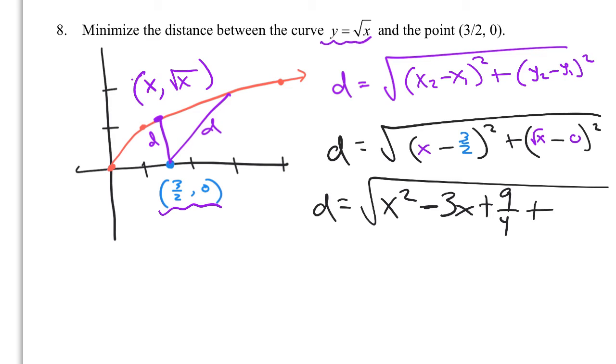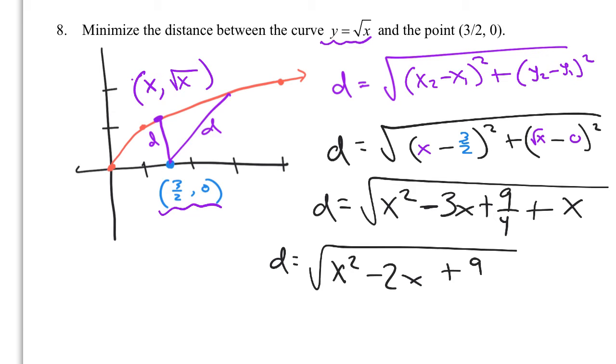And then plus square root of x squared is just x. So we get distance equals square root of x squared minus 2x plus 9/4. And that's what I'm going to be minimizing. That's my distance formula, and I want to find the smallest distance, so I'm going to minimize that.